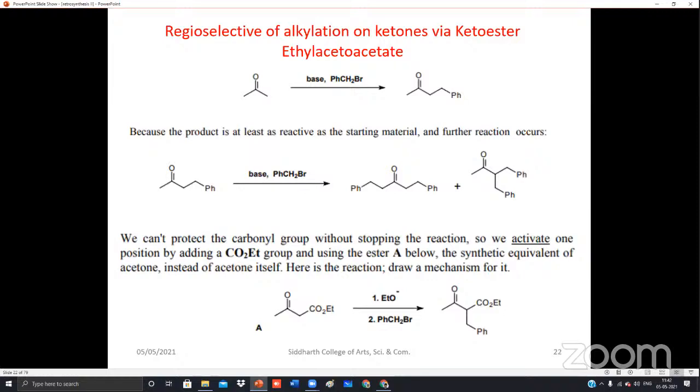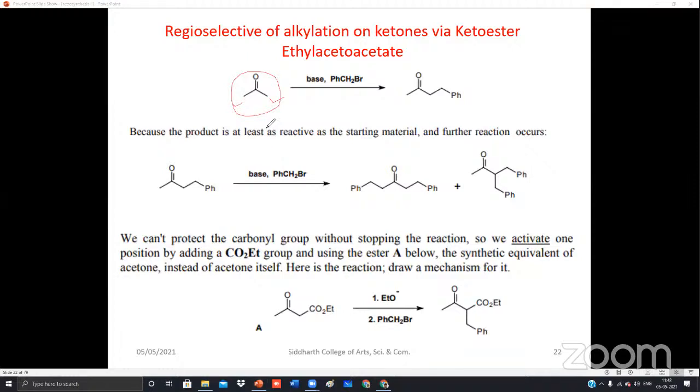Now, at some point, regioselectivity is a major issue in synthesis, because in case of ketone particularly, suppose we have acetone over here. Now this is your acetone. Both sides, this side as well as this alpha side, are the same in terms of acidity particularly.